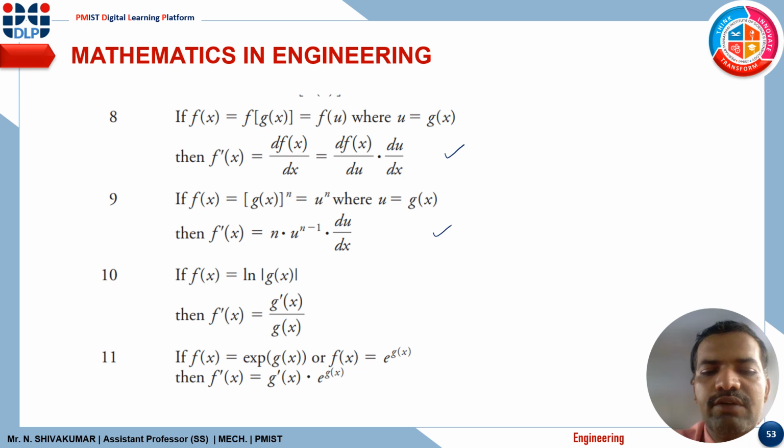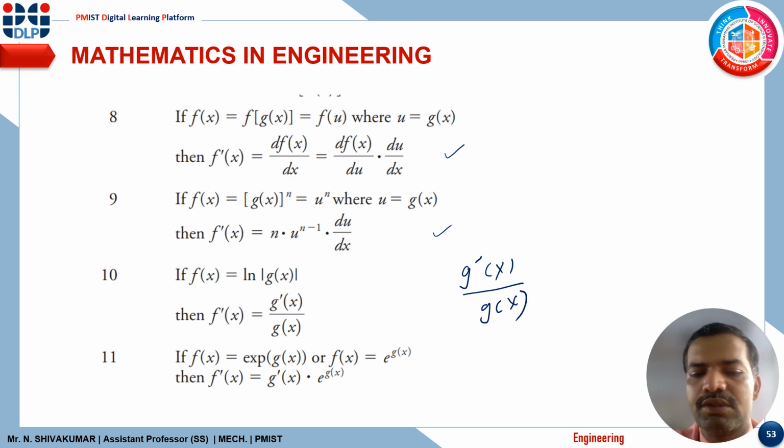So if it is ln of g of x, what happens? You have to differentiate the inner portion, g dash of x. So initially it is g of x and you have to divide by the original expression. This is when the function is ln, ln of absolute function of x. Okay.